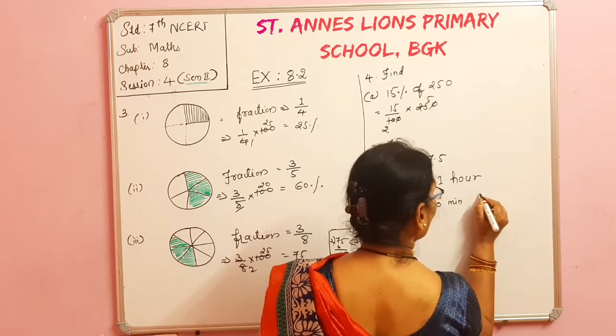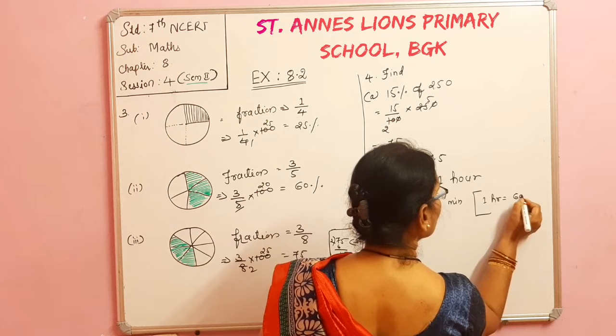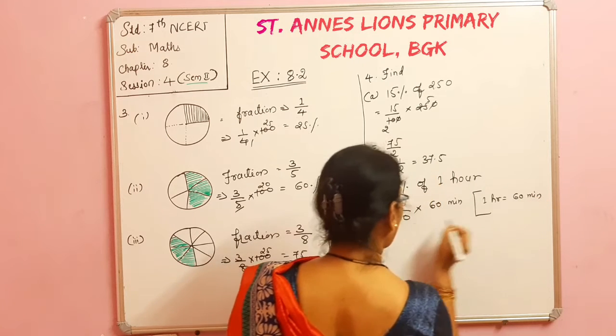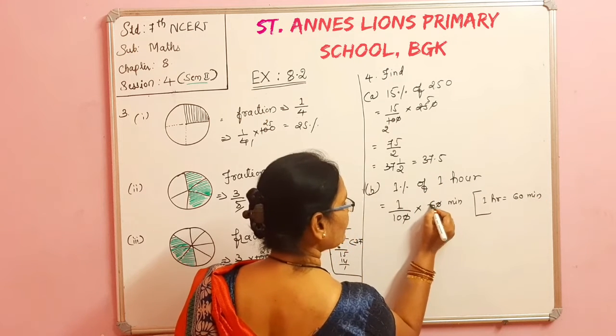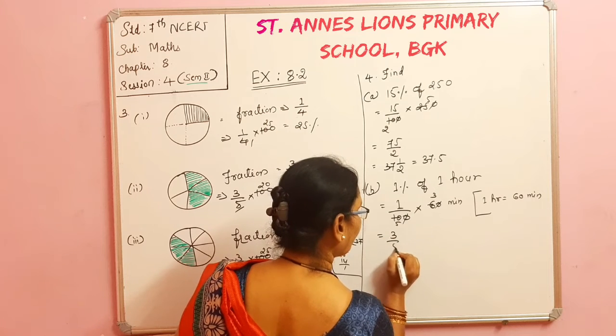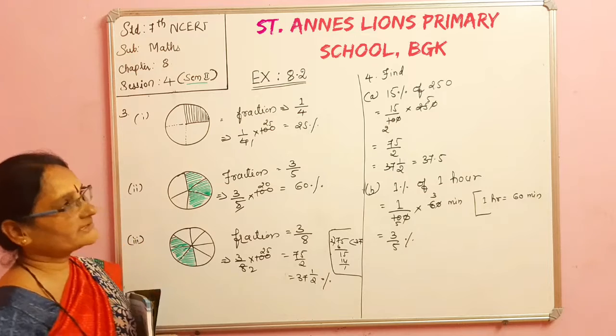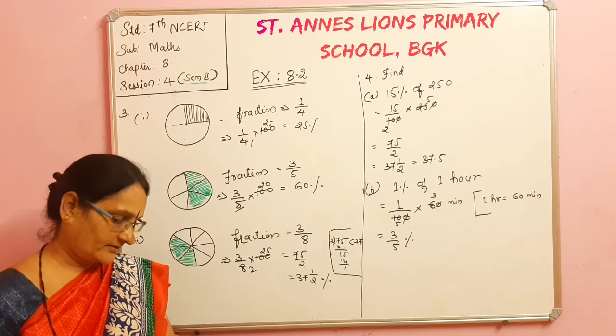So here you can write 1 hour is equal to 60 minutes. 0, 0 got cancelled. 2 threes are 6, 2 fives are 10, so 3 by 5%. Okay, this is fourth main. Second one I have done.